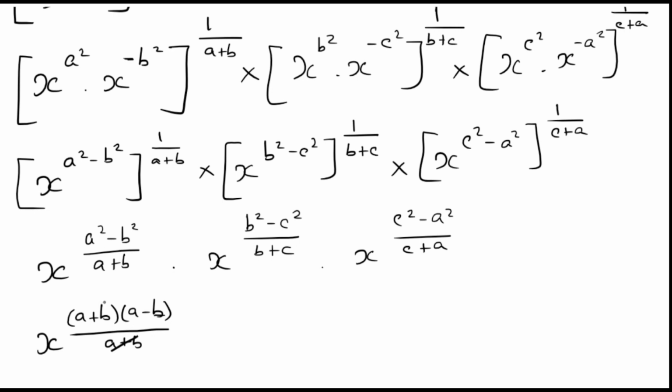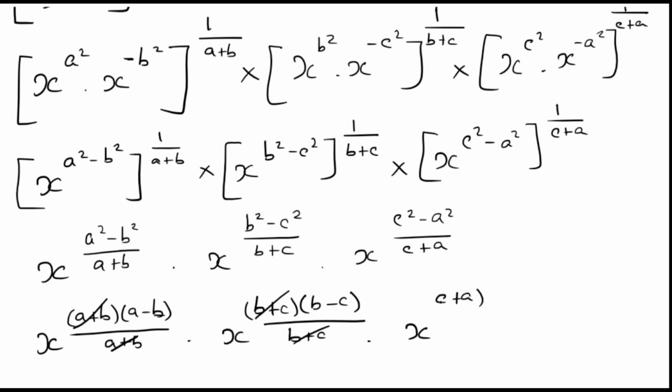Here a plus b and a plus b will get cancelled. Here again applying the formula, I'll get b plus c into b minus c divided by b plus c. B plus c and b plus c will get cancelled. And here x to the power c plus a into c minus a, the whole divided by c plus a. C plus a and c plus a will get cancelled.